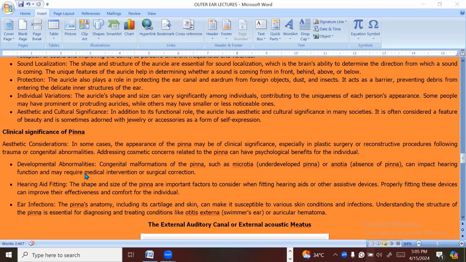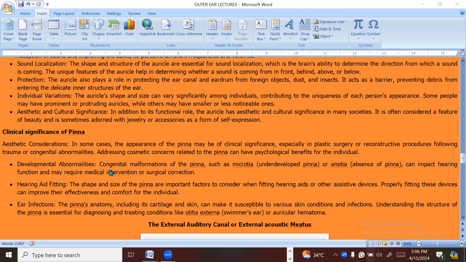Then developmental abnormalities. If we don't have an idea of the variation in size, we might not be able to identify developmental issues or congenital malformations of the pinna, such as microtia, which is an underdeveloped pinna, or anotia, absence of a pinna, which can impact the individual's ability to hear.